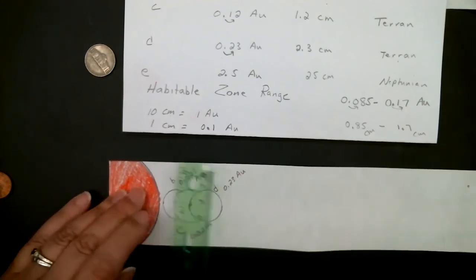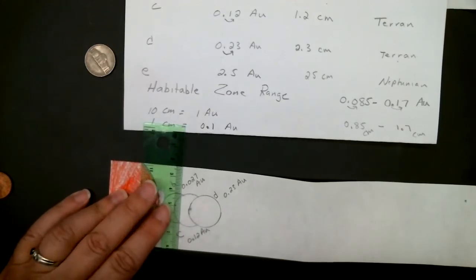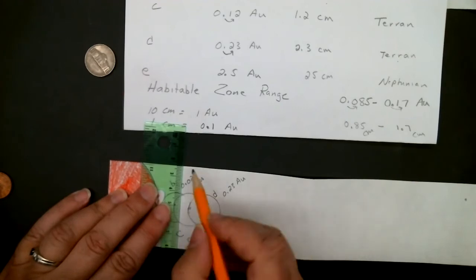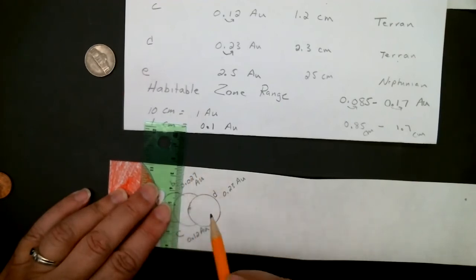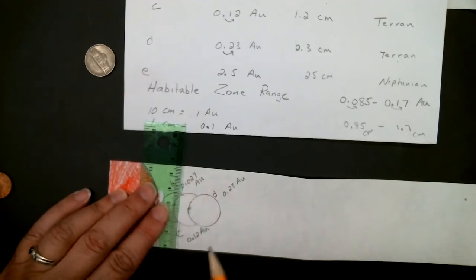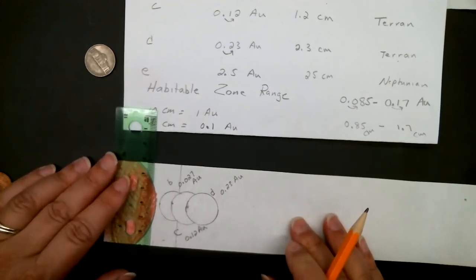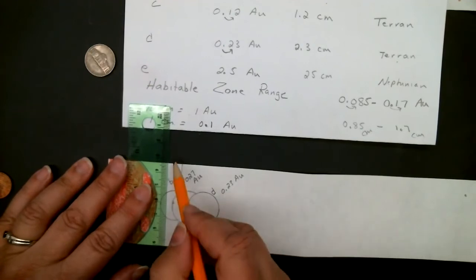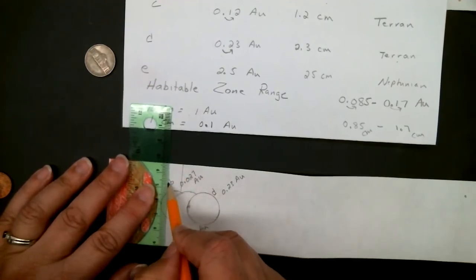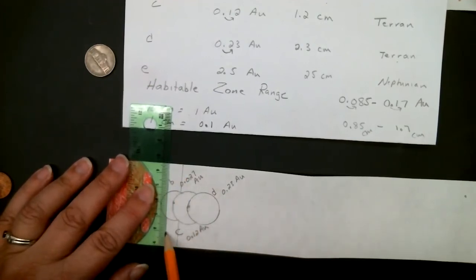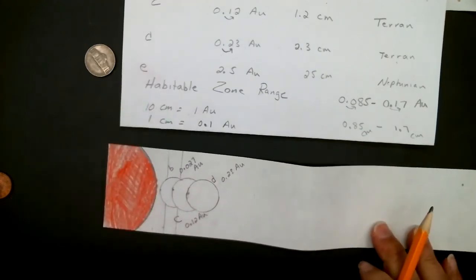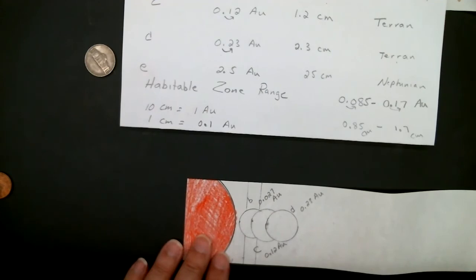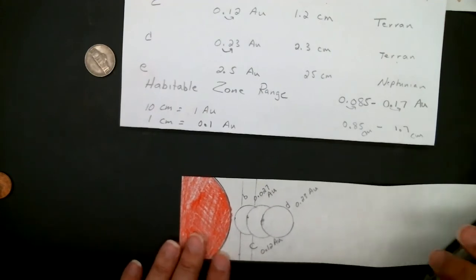Okay, so then I'm going to draw a vertical line at the boundaries like that. And my other one's right here. Okay, that's my habitable zone. And I'm going to color the habitable zone green.